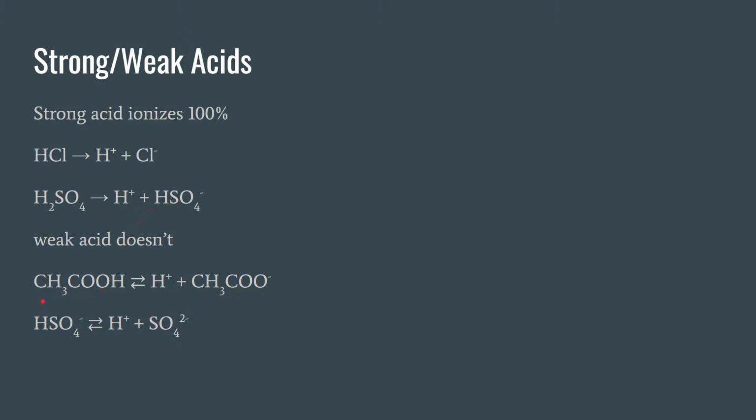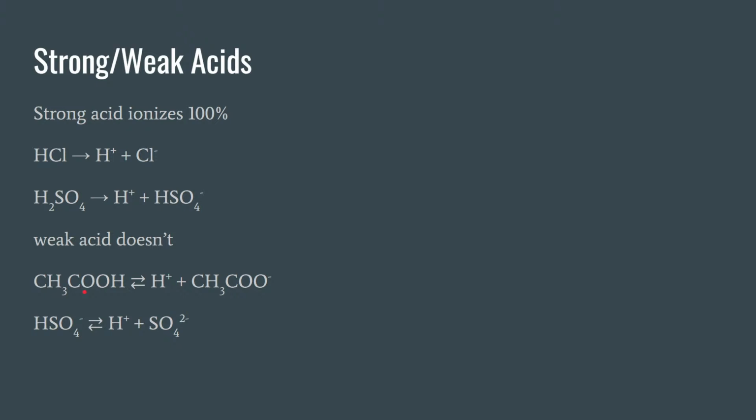So weak acids don't go completely all the way to the far end to produce their products. Hence, we use these double arrows. Okay? One arrow pointing right, one arrow pointing left, to say that this reaction starts and you build up more and more of your product, but then eventually the products start reacting with one another to go back and make the reactants. Okay?